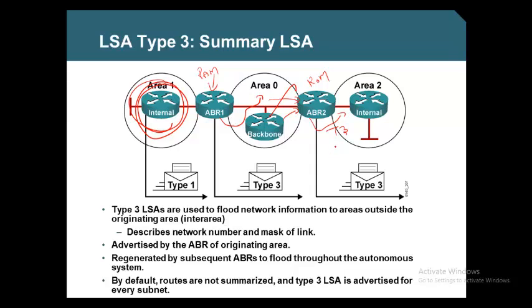No. It says, "I am giving you." So including area 1 and area 0, it goes as just type 3 to area 2, with the advertiser name ROM, not RAM.